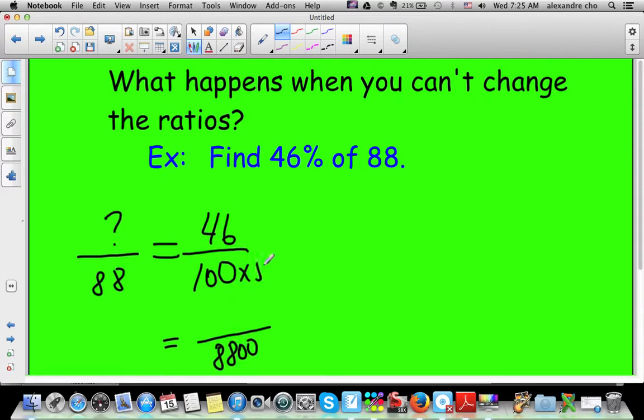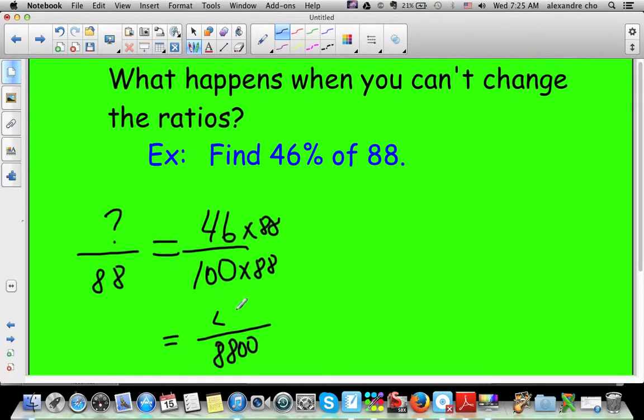And then I multiply this by 88, and I would have to multiply the top by 88, which gives me 4,048. And then here I would write 88. So I could find a relationship here.